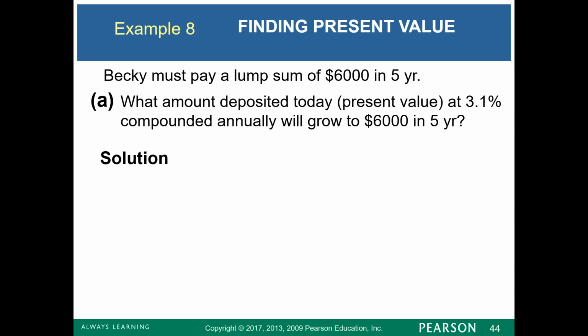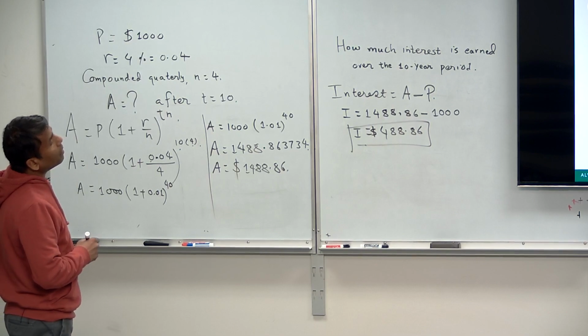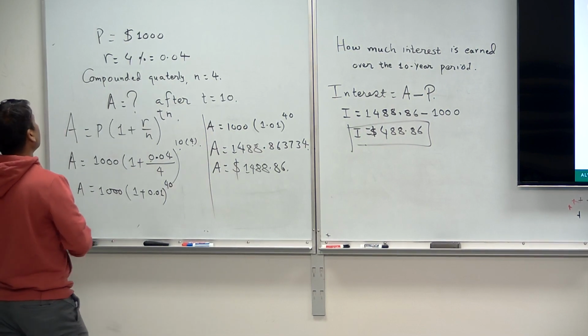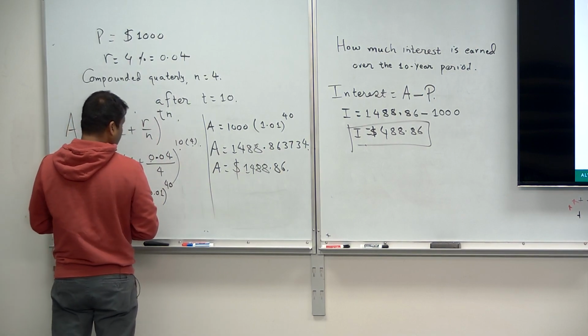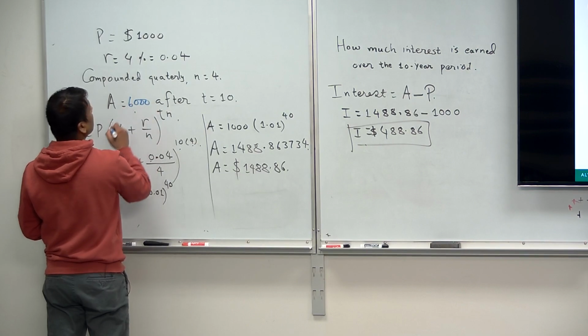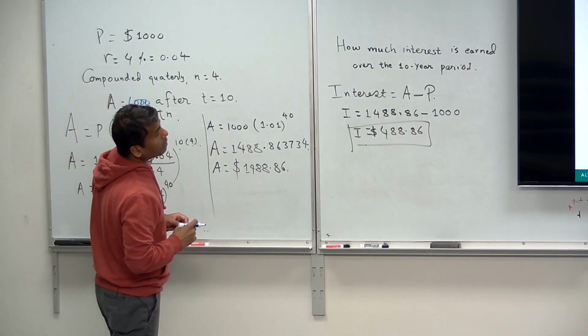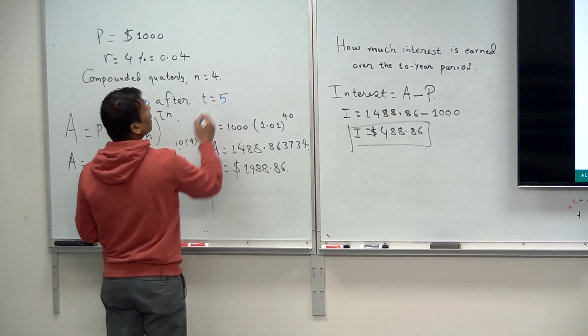So we use the same formula, guys, the only difference is over here. So the value of A is 6,000, after 5 years. So T is 5 here, right?